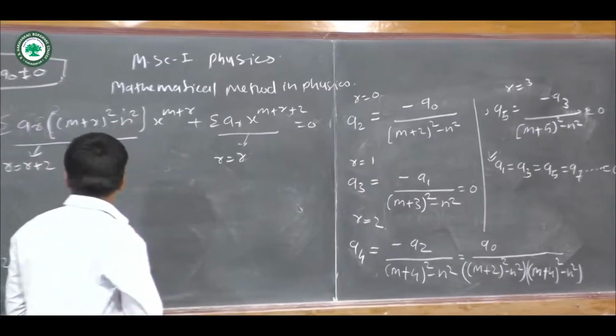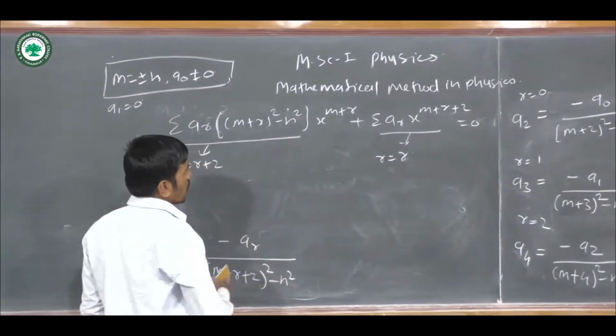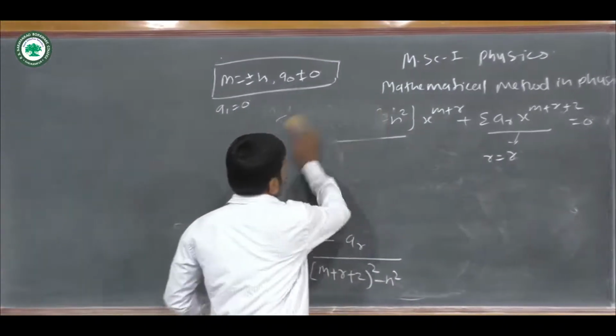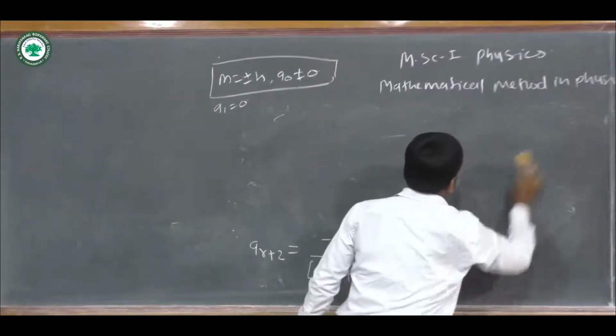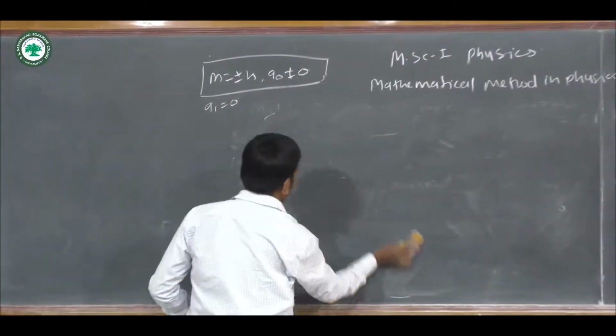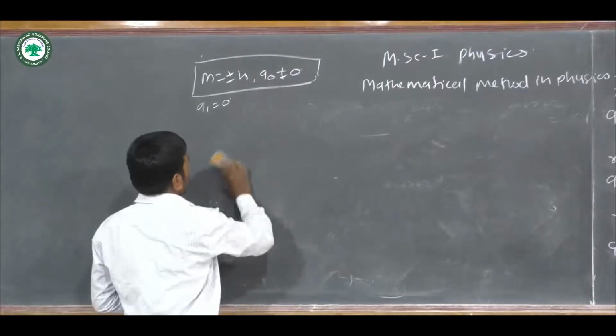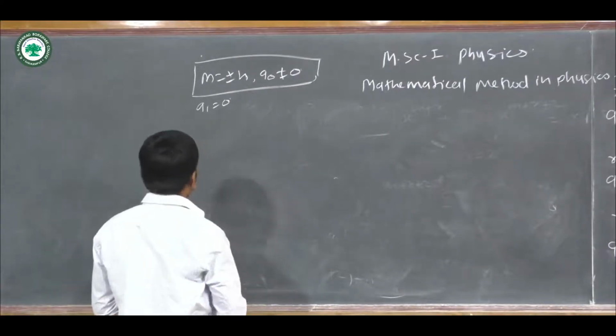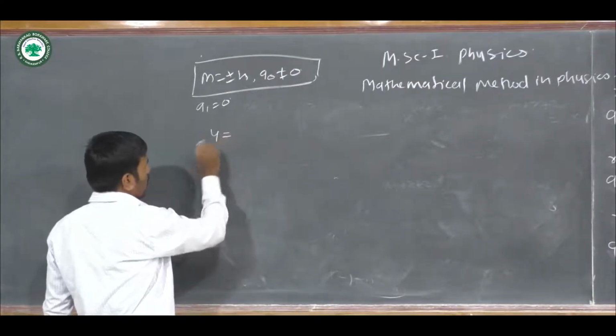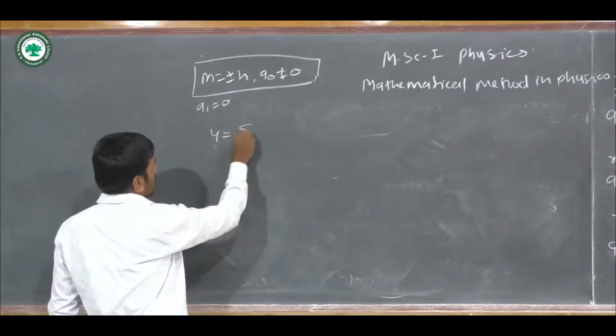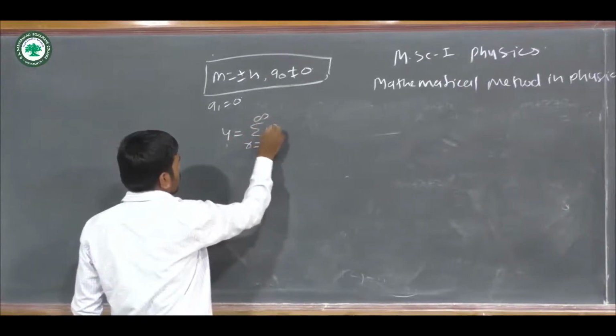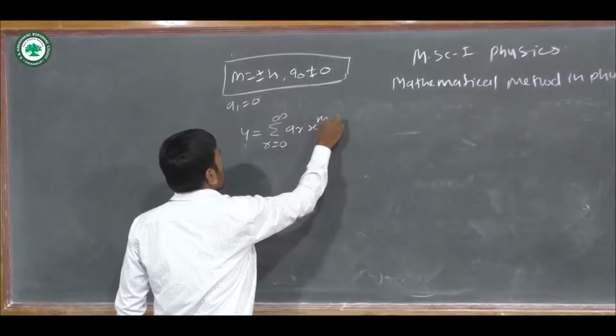Okay, so if I now write the solution of this differential equation, we know the solution of the Bessel equation is y equal to summation r equal to 0 to infinity a r x power m plus r.